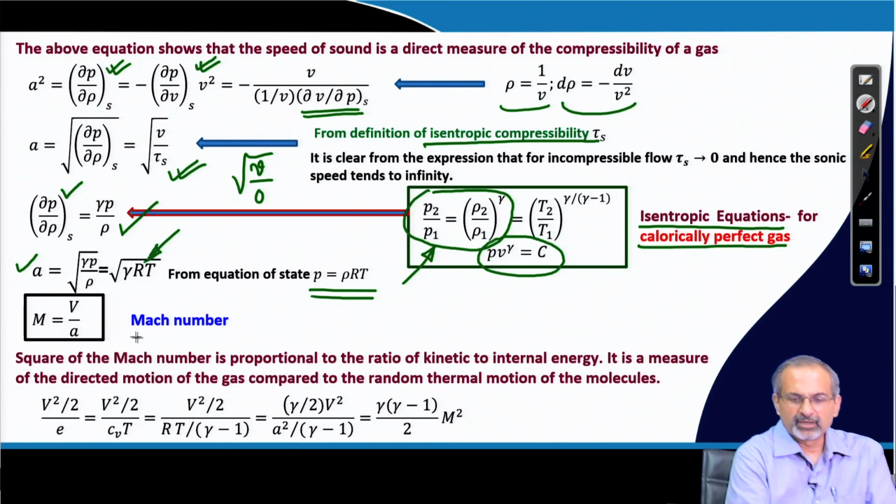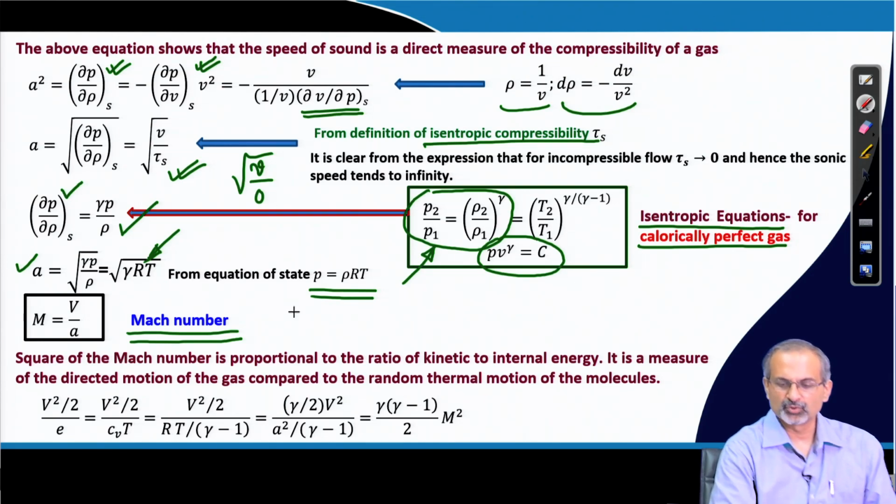Further, we are interested to bring in the Mach number now, which is nothing but the ratio of the flow velocity with respect to the speed of sound. That is the Mach number. So, when the flow velocity is traveling at a speed lower than that of the speed of sound, we talk about a Mach number less than 1, which is called subsonic speed.